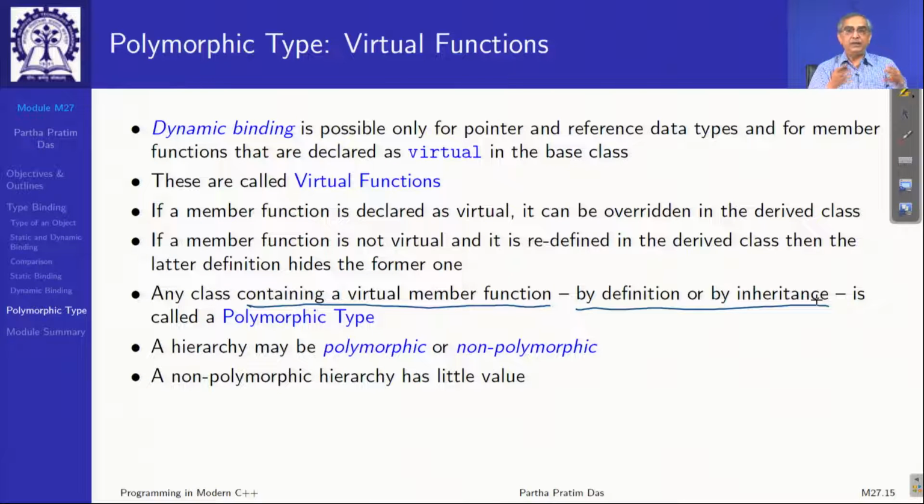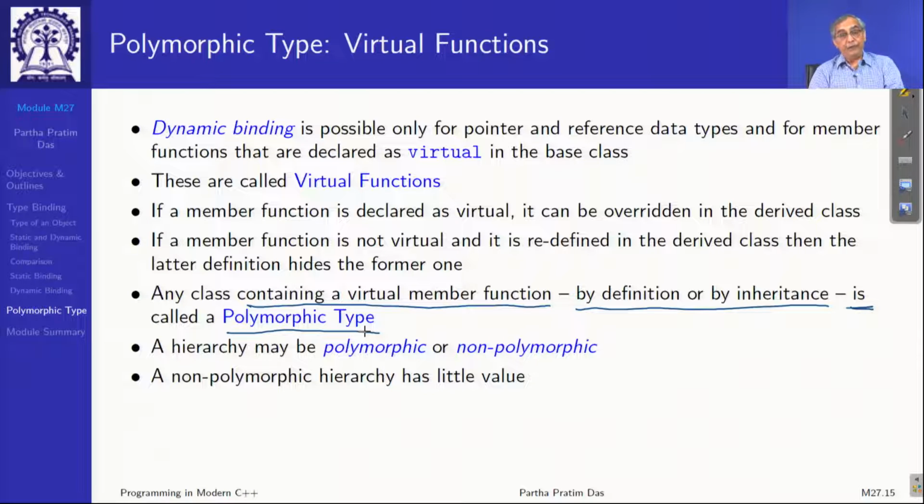Virtual functions are always inherited as virtual functions. Then such a class or such a type is known as polymorphic. So, it will lead to dynamic binding for that class.